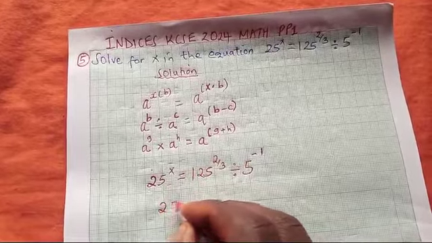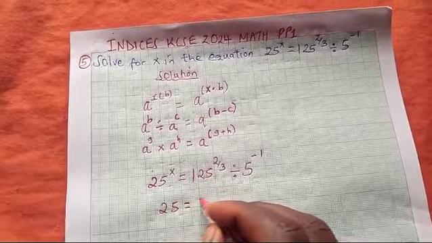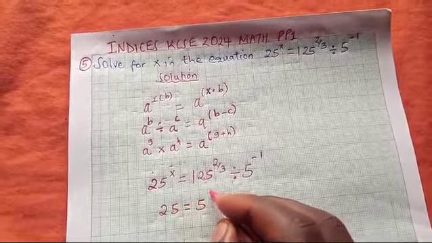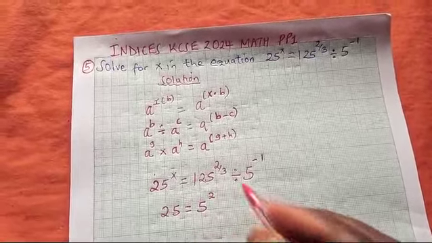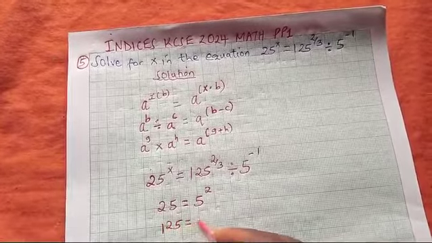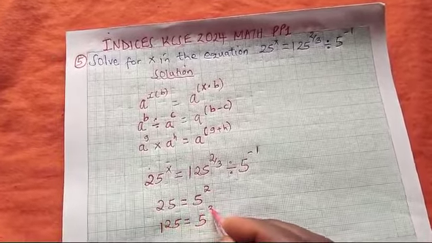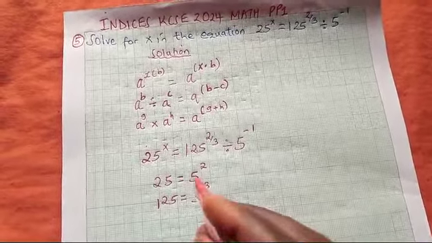Now you discover that 25, if we write this to base 5, is the same as 5 raised to power 2. 125 is the same as 5 raised to power 3. Now these bases look alike.